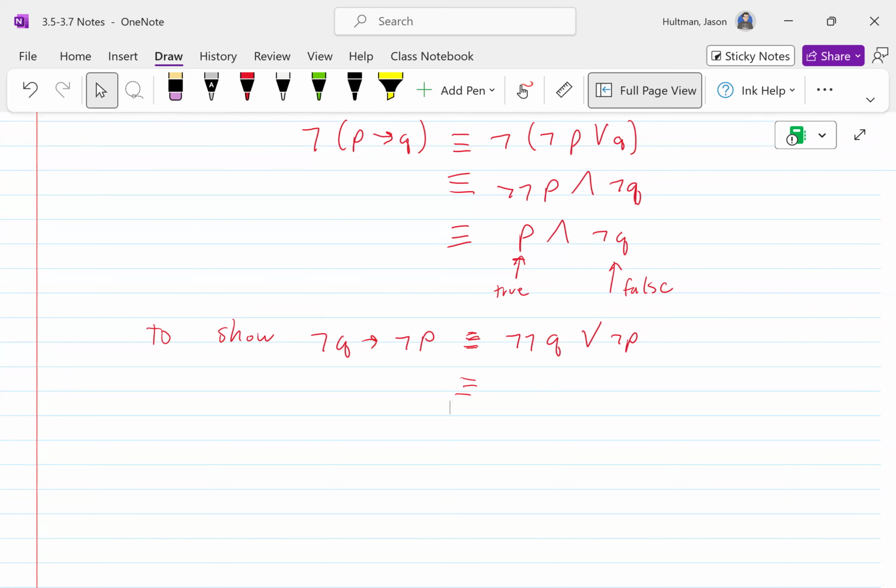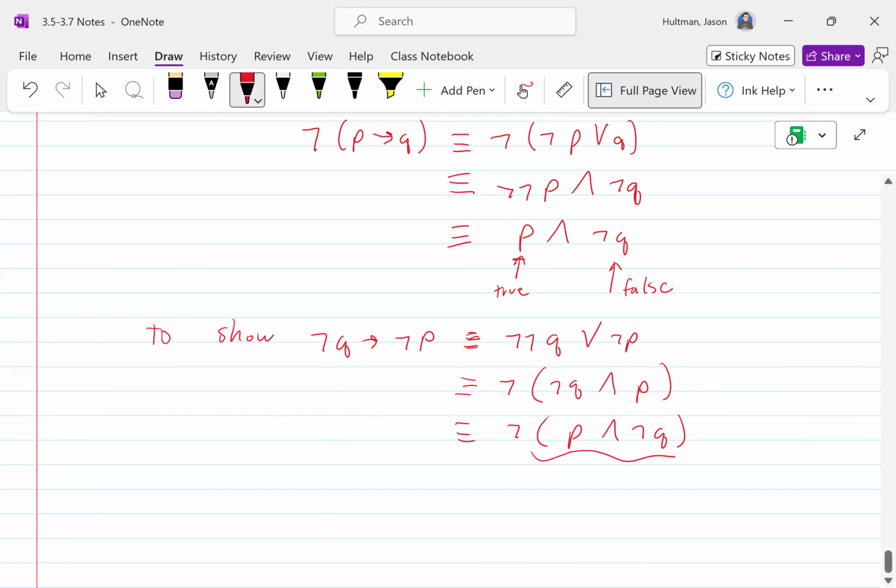Simplifying this, we're going to do the reverse of De Morgan's law. We're going to factor out a not here. This gives me not (Q and P), which is logically equivalent to not P and not Q. That's just commutativity, which is the conclusion that we're looking for.